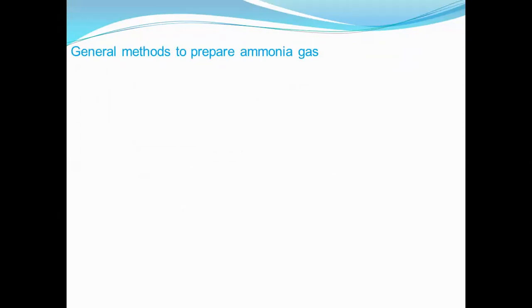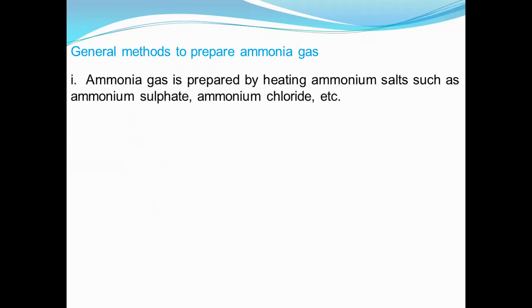After that, the general method to prepare ammonia gas. How can we prepare ammonia gas generally? One of them is by heating. Ammonia gas is prepared by heating ammonium salts, such as ammonium sulfate, ammonium chloride, ammonium nitrate. Like ammonium sulfate, when we supply heat, it gives ammonium bisulfate and ammonia gas.